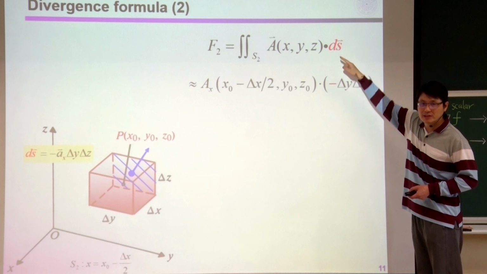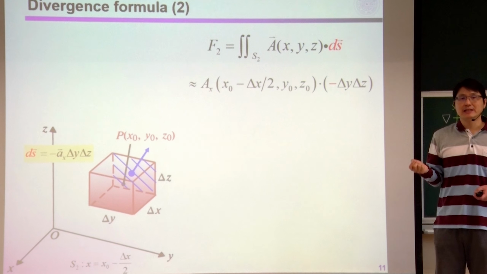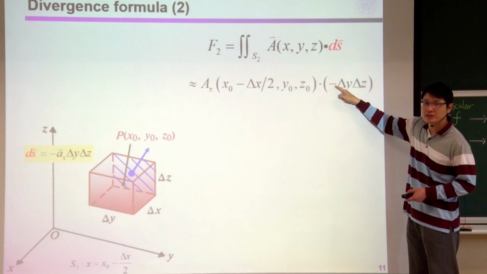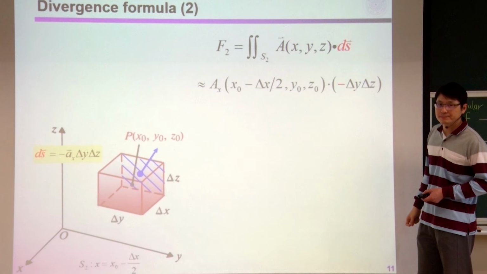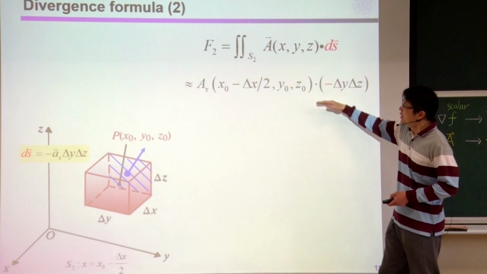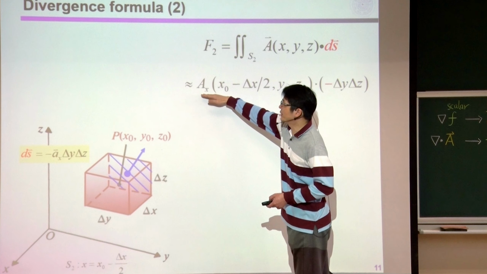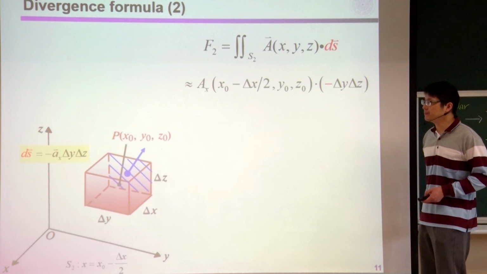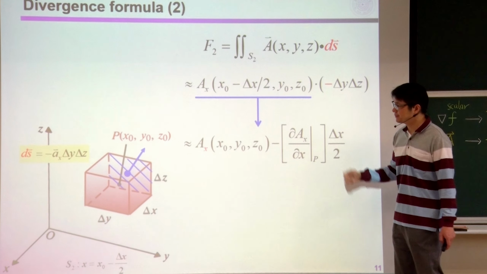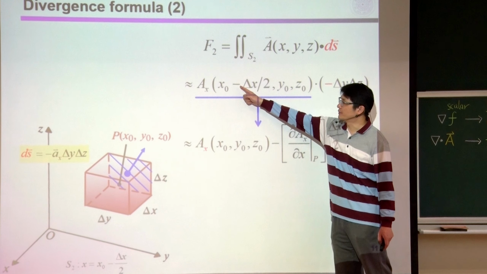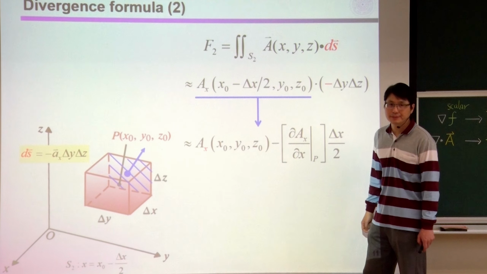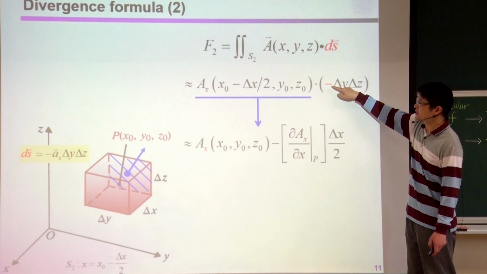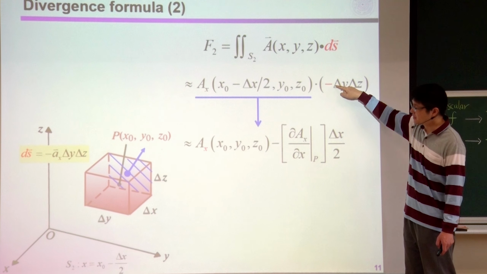A surface in vector calculus is itself a vector, so you have to note this negative sign. This we know how to do already from the previous slide. We use Taylor's expansion to the first order. Because you have a negative sign, this multiplied by this, the surface also has a negative sign.